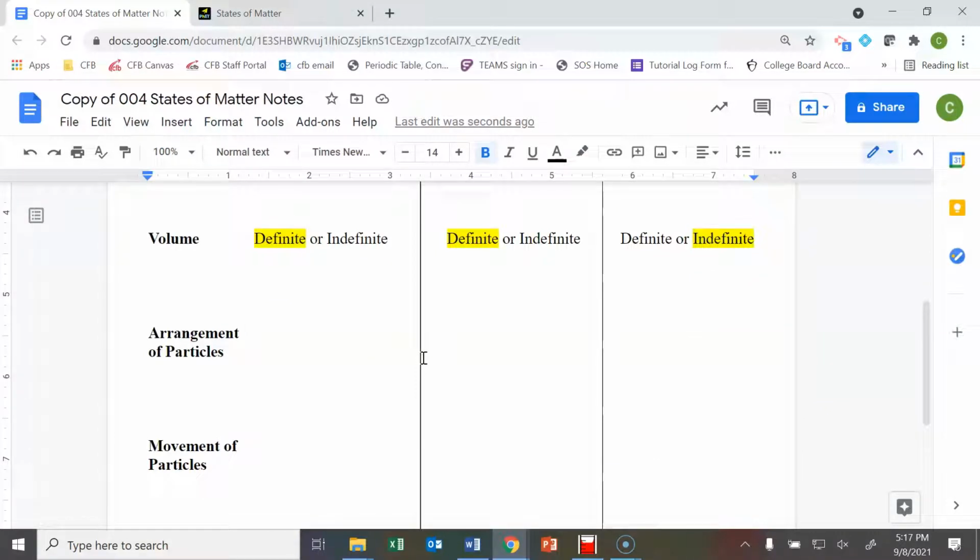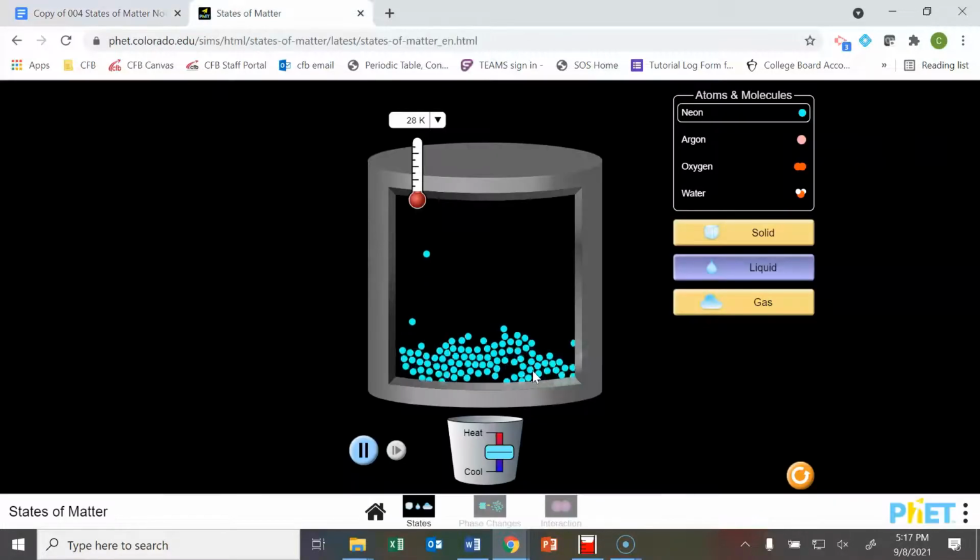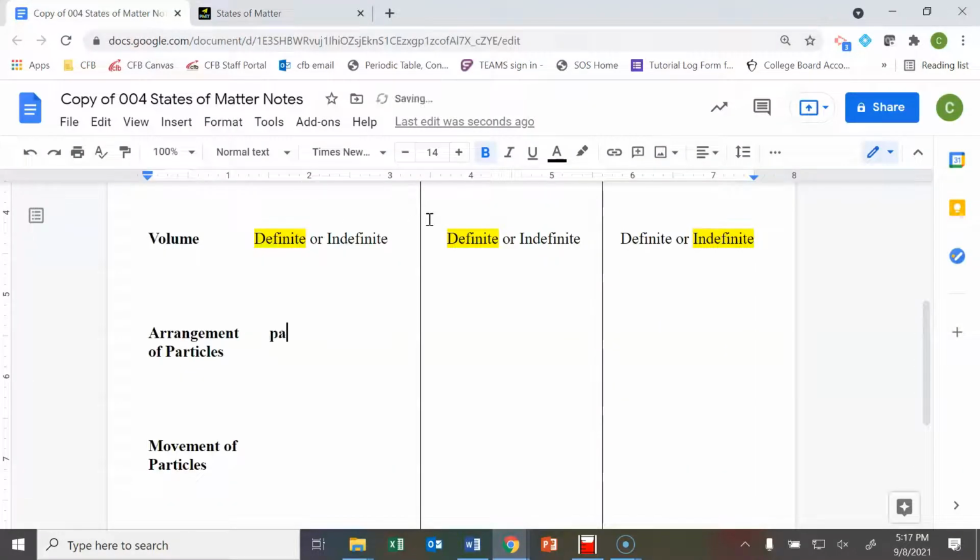When we're talking about the arrangement of particles, if we think back to the solid state of matter, they're arranged tightly together, right? They're packed tightly together. It's somewhat orderly at least. Now, what about liquids?